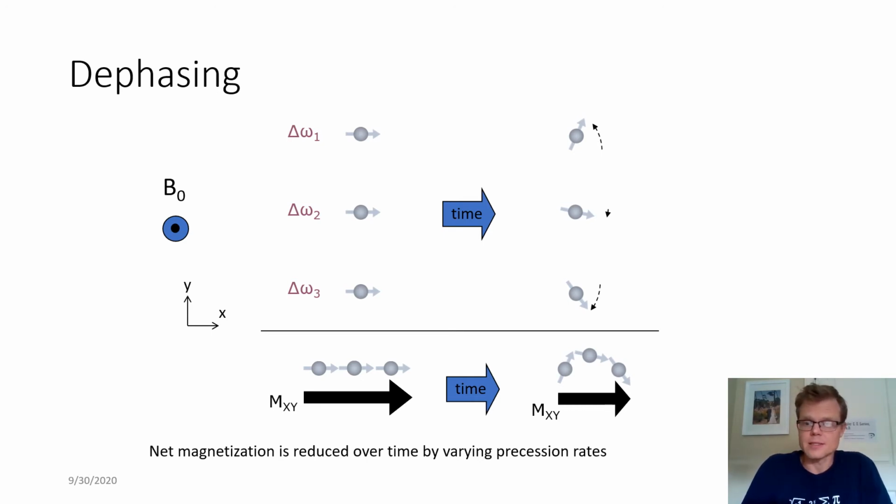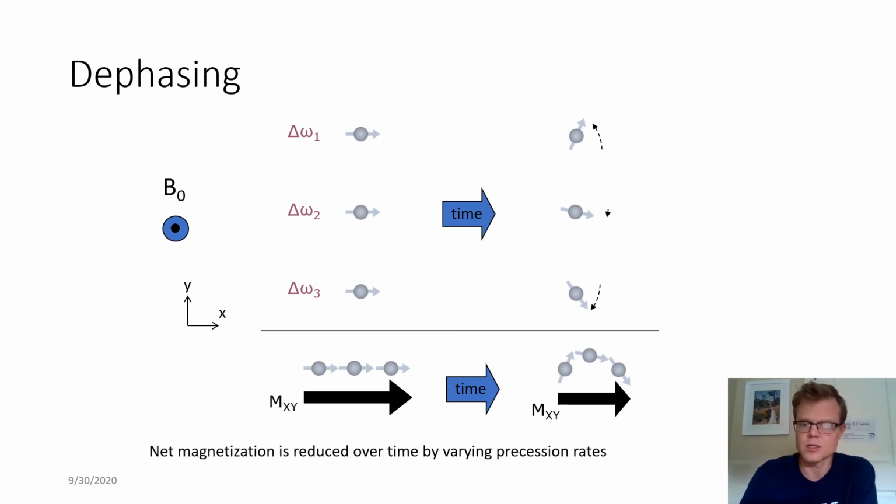remember that our net magnetization is the sum over all of our spins in some small volume. Normally, if all of our spins are aligned in the same direction, or have a slight preference to be aligned in the same direction, they're going to add up coherently. But if these spins are precessing at slightly different rates, that creates this incoherence or dephasing phenomenon.